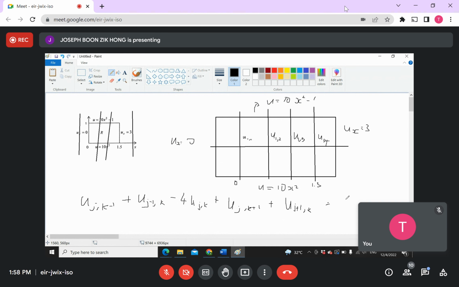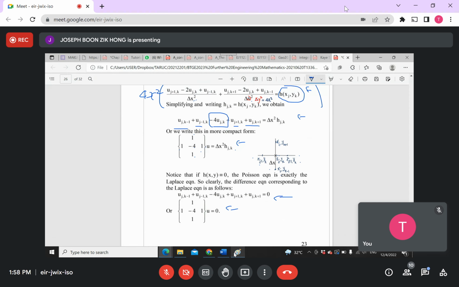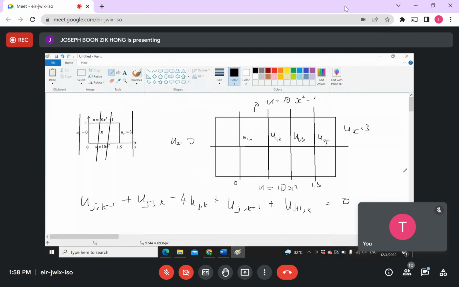But because this is a Laplace equation, this is 0. Okay, so I have this equation.